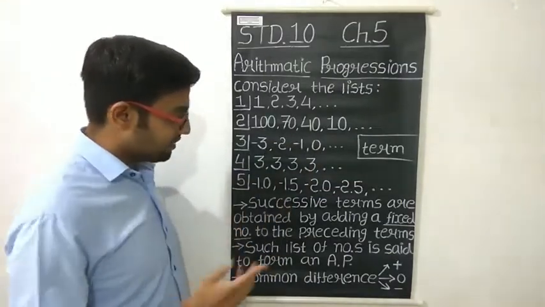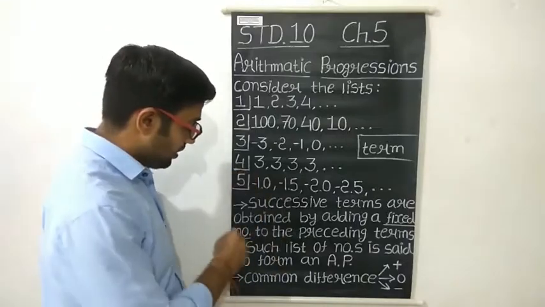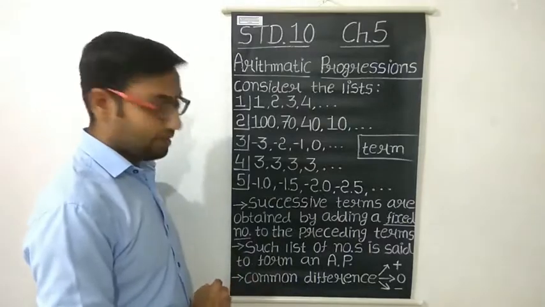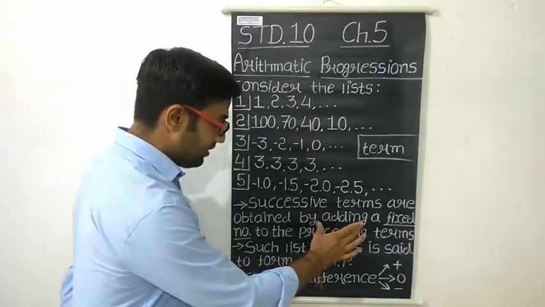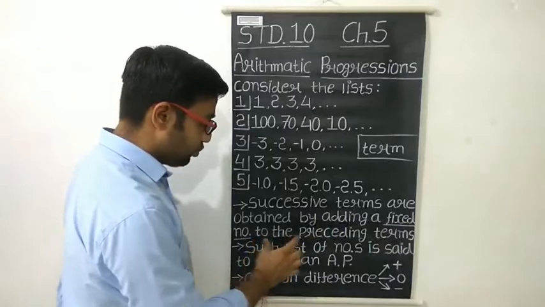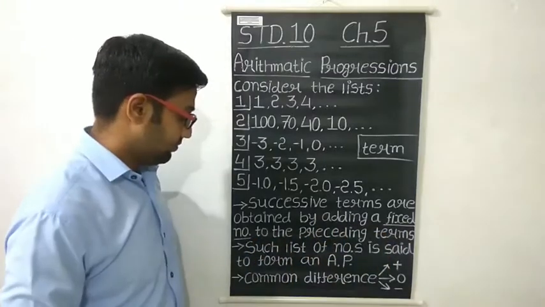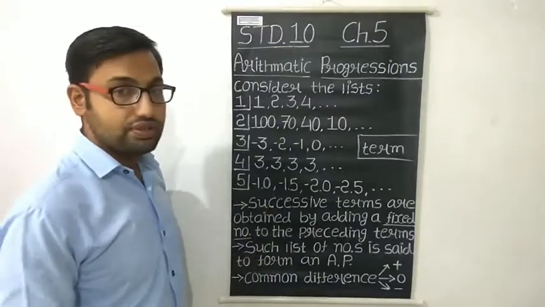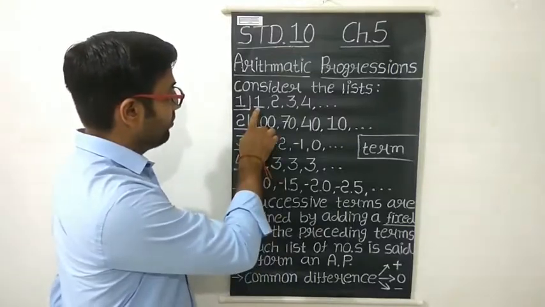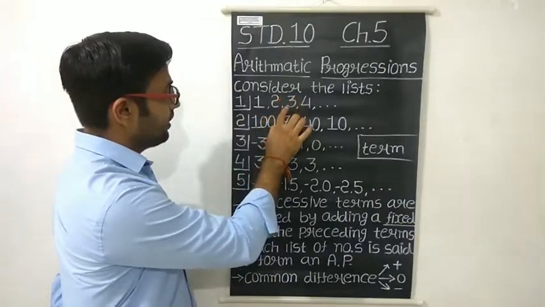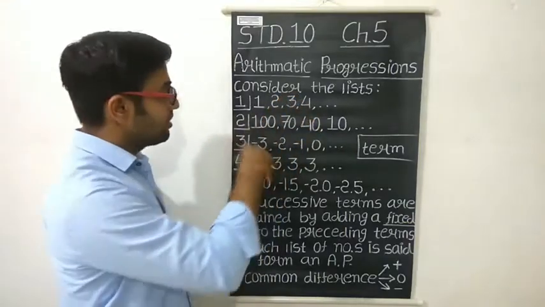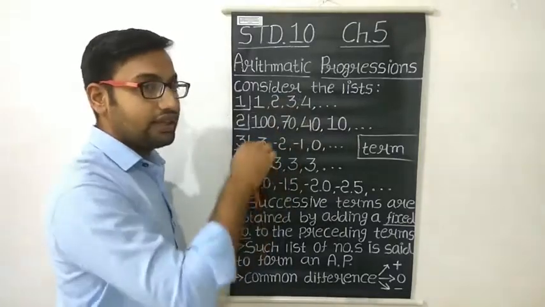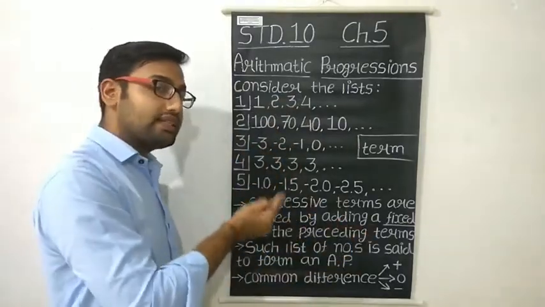Right? So what is the definition? Now we will study the definition. Successive terms are obtained by adding a fixed number to the preceding term. Successive terms means what? If we have 1 and 2 only, then the 3 that follows is called the successive term. If we have 1, 2, 3, then the next term is called the successive term.